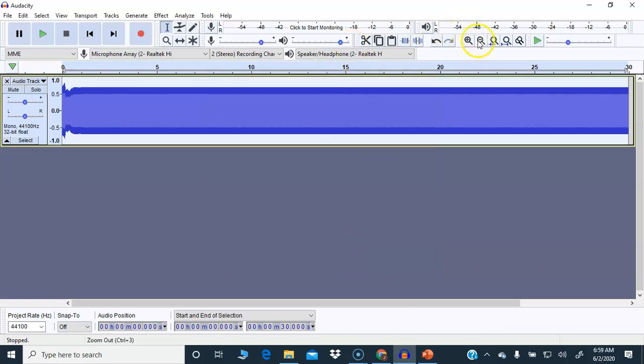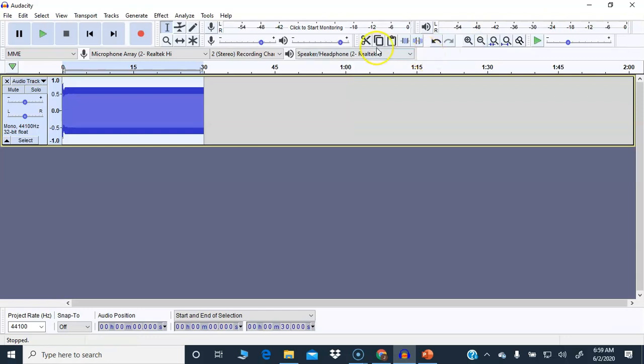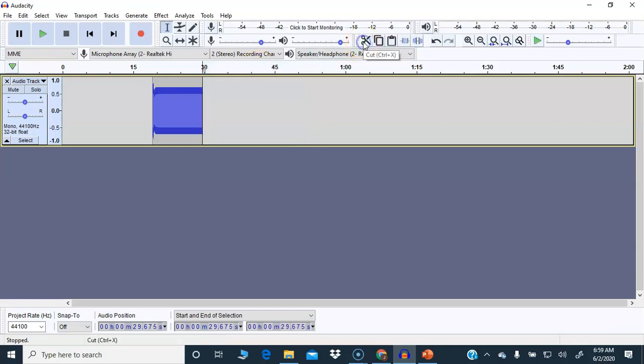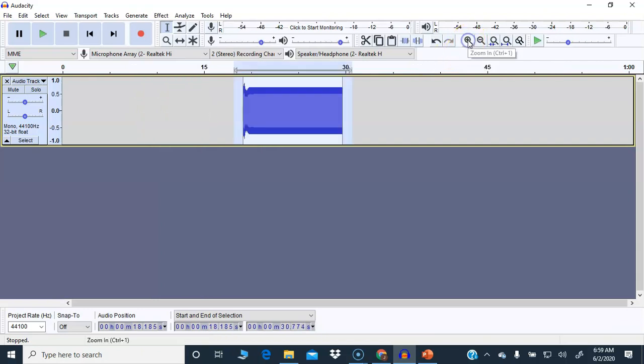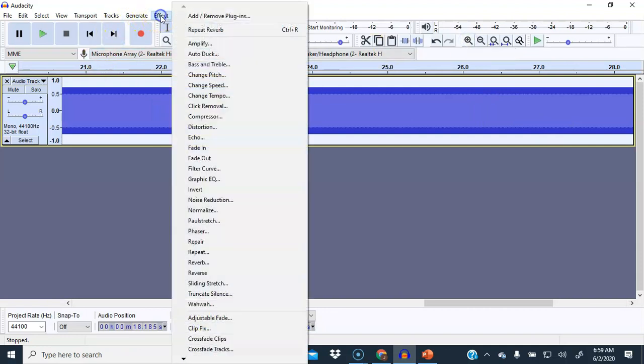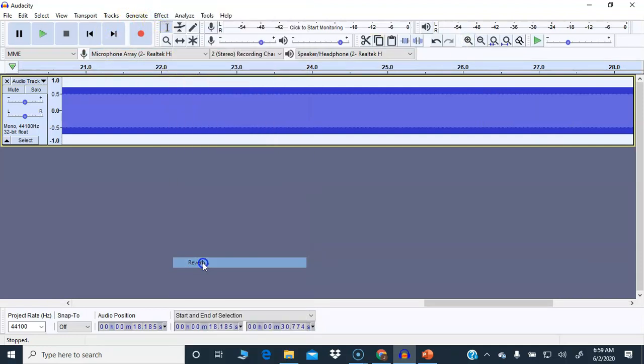Let me zoom out and cut off some of this wave. We don't need it to be quite this long. I'm going to cut off about 20 seconds of it, and we'll have 10 seconds left. Let me space it out a little by zooming in, and do the effect of the reverb again.